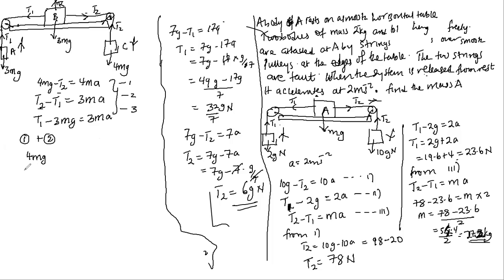Then I can add the star to equation 3 to combine this T1 with this one. So when those T1s combine, we shall have 4mg minus 3mg is equal to 10ma.